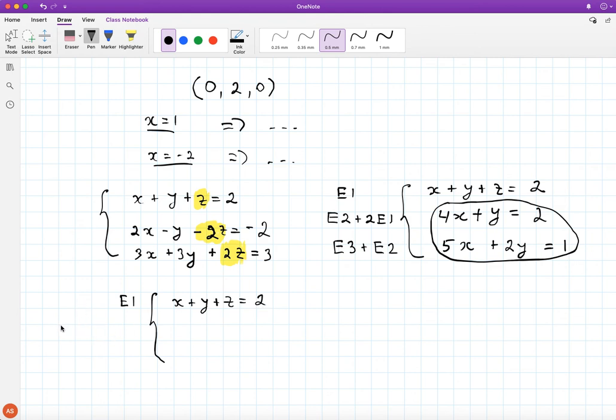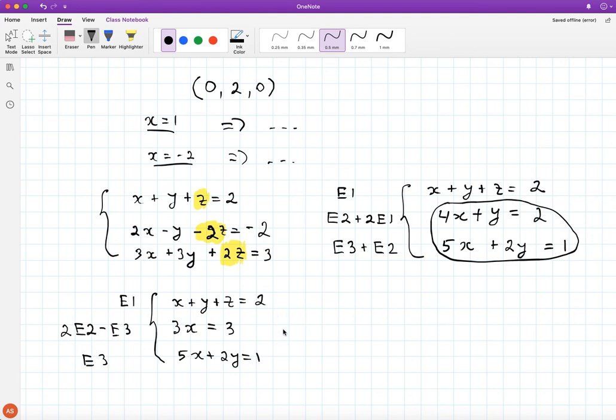I'm going to replace the second equation with twice the second equation minus the third equation. That's going to give us 3x. The y term will cancel out, equals 3. Equation 3 I will simply rewrite. 5x plus 2y equals 1.